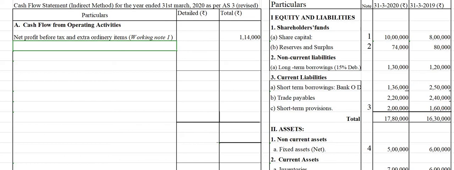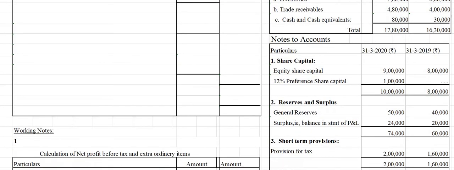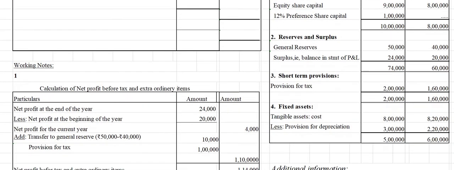Next, along with this, we have to add all non-cash, non-operating expenses. First of all, let us write, as we saw in the last class also, depreciation will be written, and goodwill written off if it is there. So let us see depreciation in the question here. Depreciation is there.